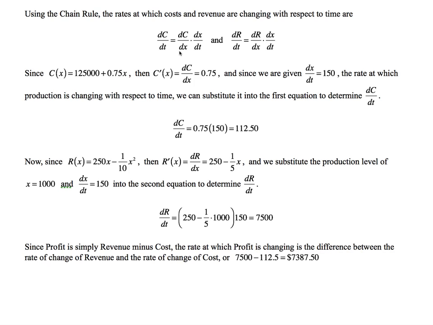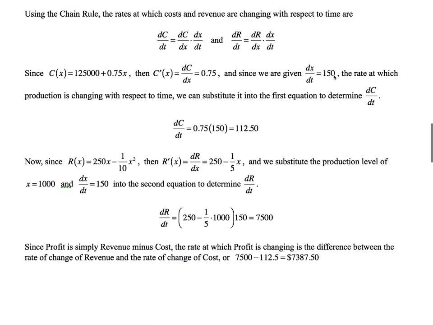So we differentiate the 125,000 plus 0.75x. Well, that's just a linear function, and so C prime, or dC/dx, is 0.75. Now we were given the rate at which quantity was changing with respect to time as 150.